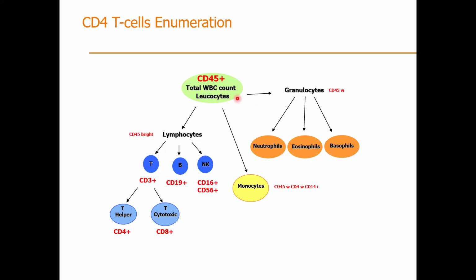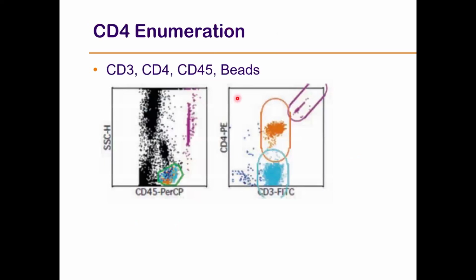But again, if you remember, I mentioned using beads, with which you can get the absolute count. To get the absolute number, there is a thing called TruCount bead by BD that will tell you the exact number of cells inside that sample.